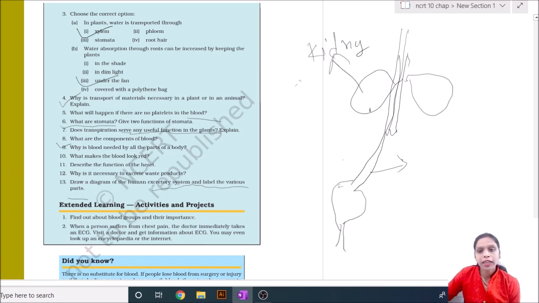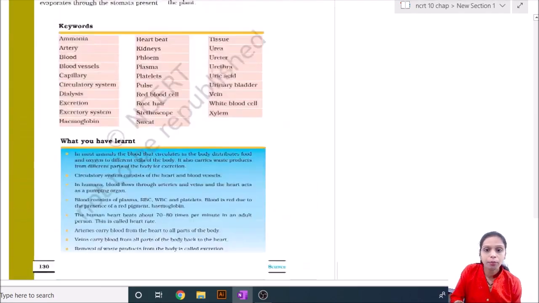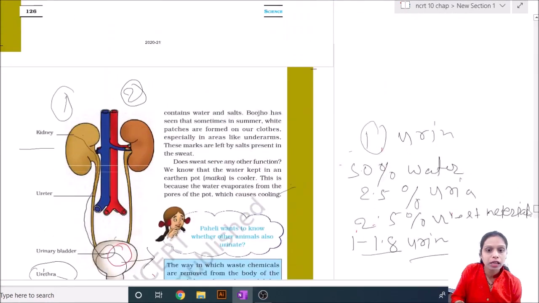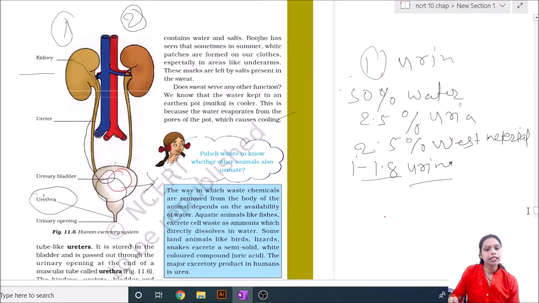But because my drawing is not so good, you can see and observe this big picture and follow this picture shown here, which is a diagram of our excretory system.